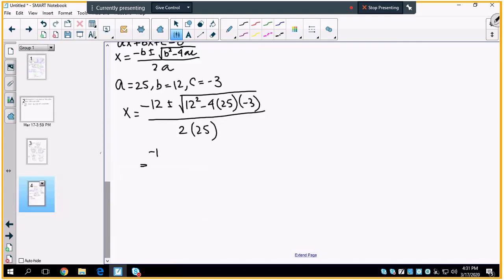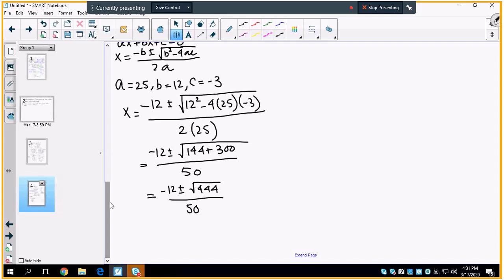Simplify, so I get negative 12 plus or minus square root of 12 squared is 144, minus times minus is a plus, 4 times 25 is 100, times 3 is 300, all over 50. So I get negative 12 plus or minus square root of 444 over 50.